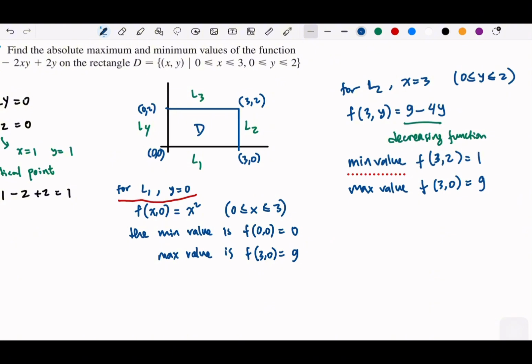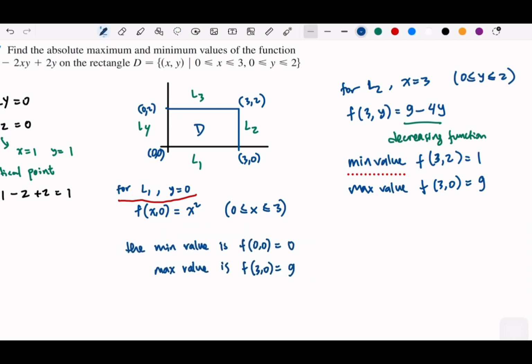In the first one, I forgot to mention this is an increasing function. But basically, you can check the points all the way and find out which one is the highest and which one is the smallest. It's the same thing; what I did here is more detailed and more structured.